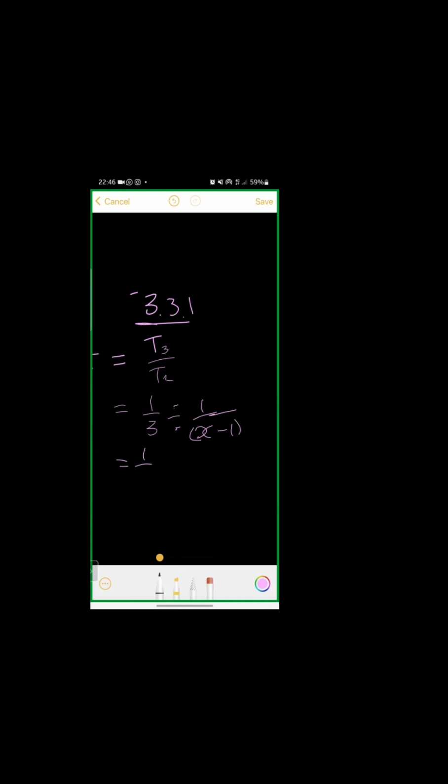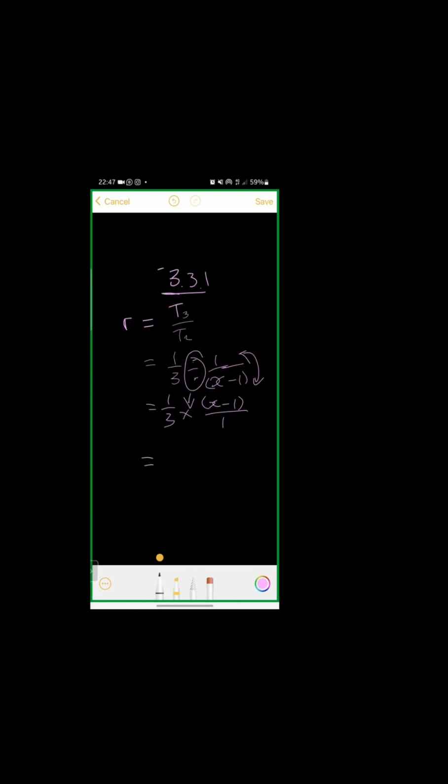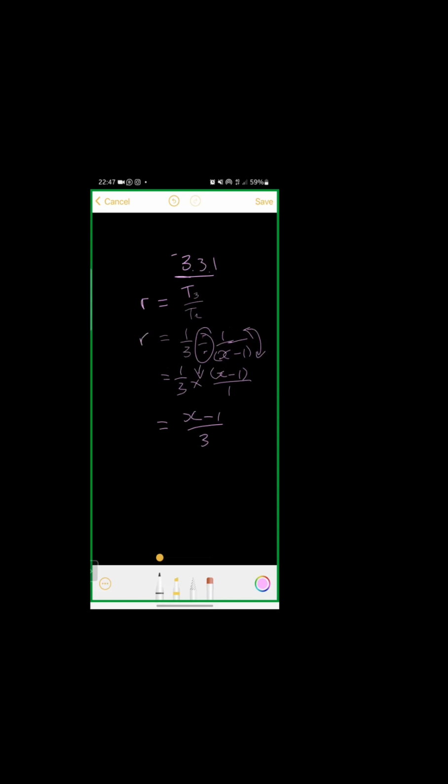So here, 1 over 3 multiplied by x minus 1 over 1. We just flip this, but we also change the sign. Here we're going to have numerator multiplied by numerator. We're just going to have x minus 1 over 3. So this is our R, right?